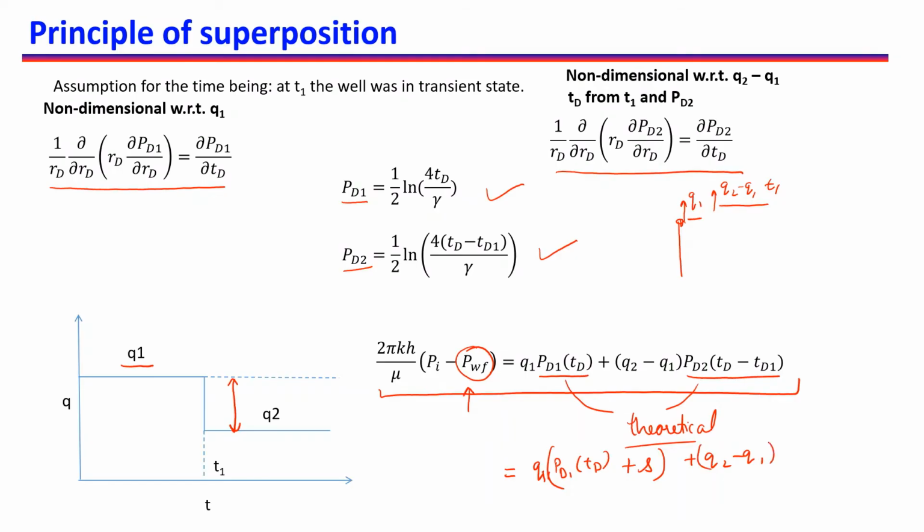This well is also experiencing skin, so we can say like this plus S. So in both the wells we need to add skin, and finally you will see that Q1 will cancel out from both the equations, plus and minus sign will cancel out and we will get plus Q2S.